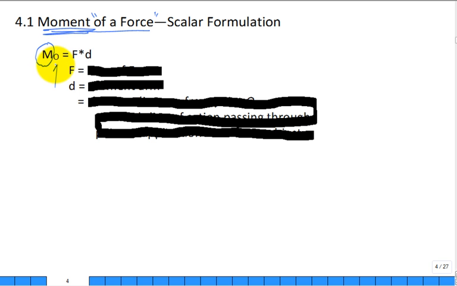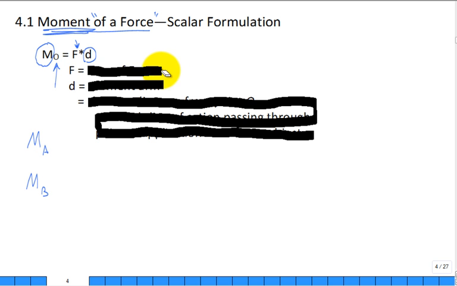It is subscripted. There is a letter O. Okay, so we're saying around maybe the origin, but we could talk about the moment around point A, or the moment around point B, or the moment around point C, etc. But it's often the moment around point O, and it's the product of the magnitude of the force and D.